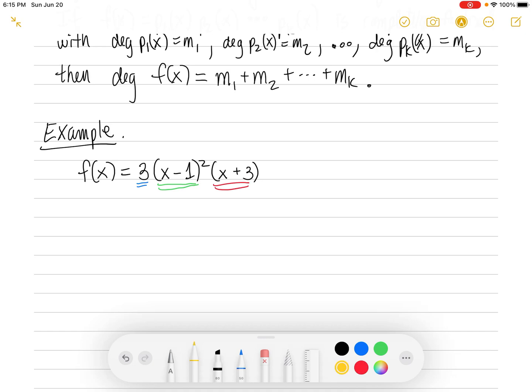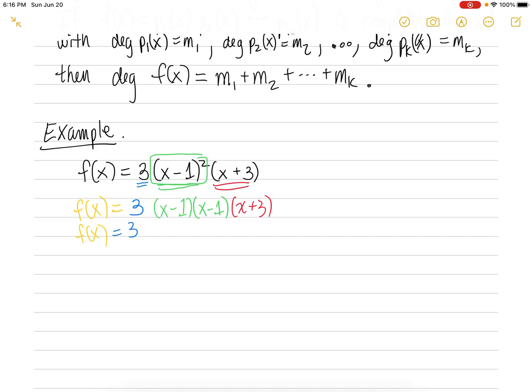That's a factor. So what we're going to do is rewrite this f of x. We're going to leave the constant out front alone. That's just going to be a coefficient. And we're going to take (x minus 1) squared, so that means (x minus 1) times (x minus 1), times itself, and then x plus 3. I'm going to leave the 3 alone and multiply the x minus 1s out.